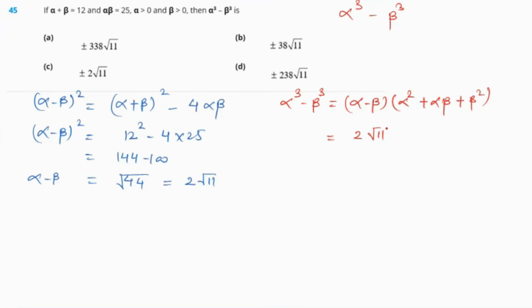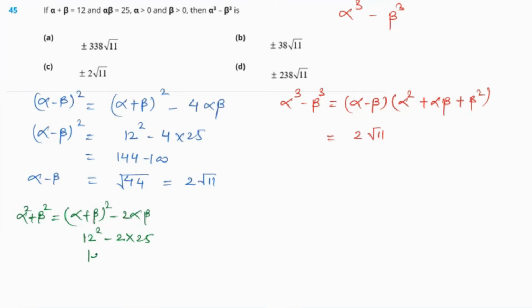Okay, and we don't have the value of alpha square plus beta square as well. So we will try to figure out the value of alpha square plus beta square from this. a square plus b square is equal to a plus b whole square minus 2ab. So alpha plus beta whole square is given to us, 12 square minus 2 times 25.